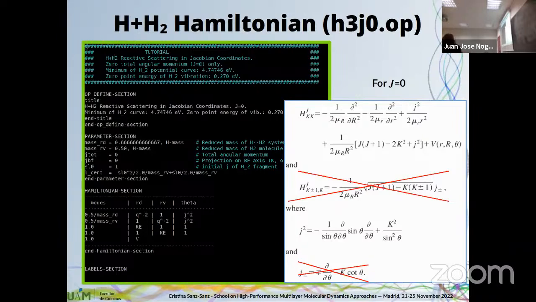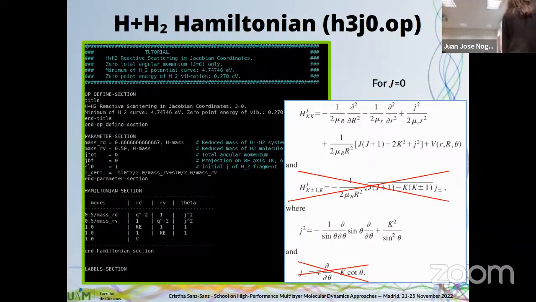Okay, and then we have the projection of the angular momentum set to a value. So we have decided that the total angular momentum is going to be 0, so its projection into the body-fixed frame is going to be 0. And then we are going to set as well an initial value for J for the H2 fragment. Okay, our diatomic molecule, I deleted obviously the curve.